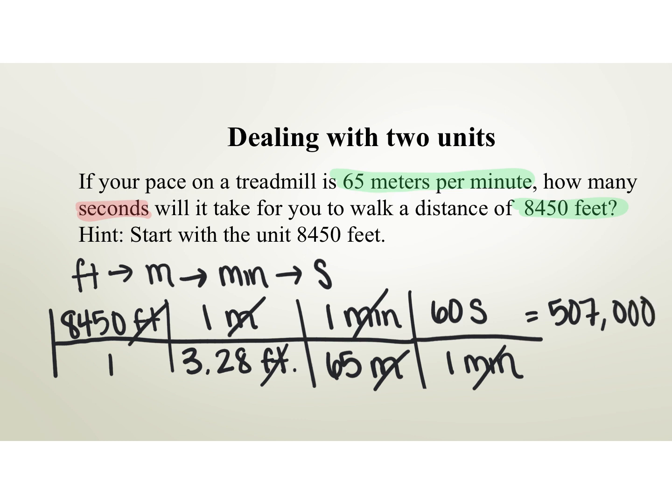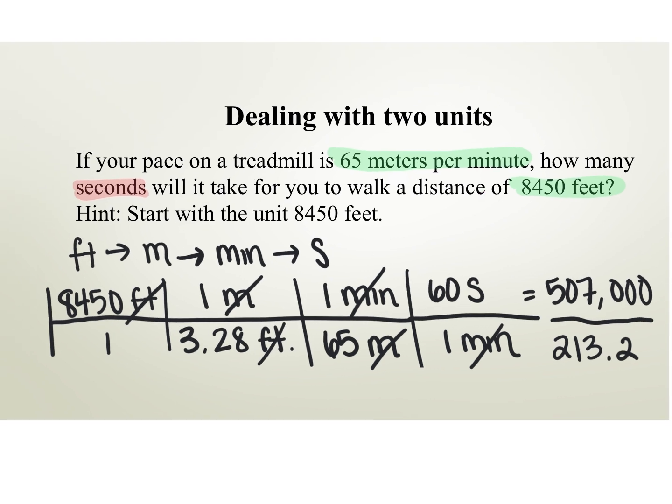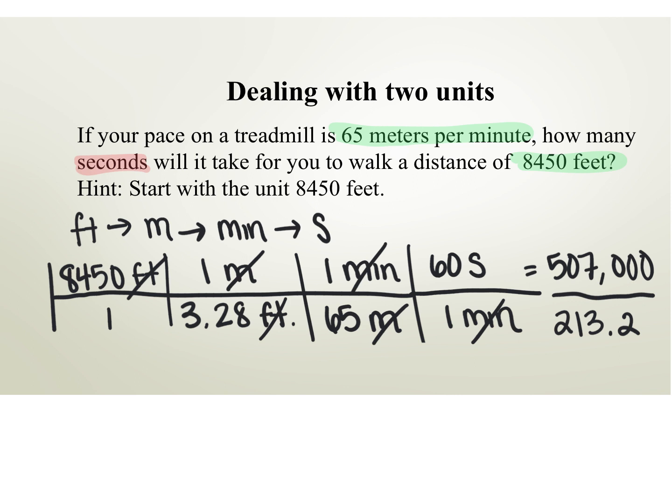And then multiply the bottom row, 3.28 times 65, which is 213.2. All right, and then now you can just divide those 2 numbers.